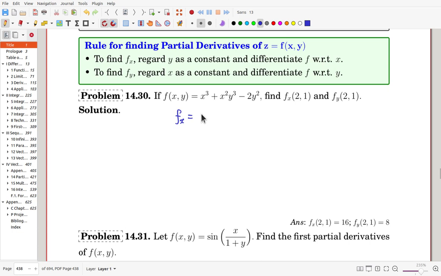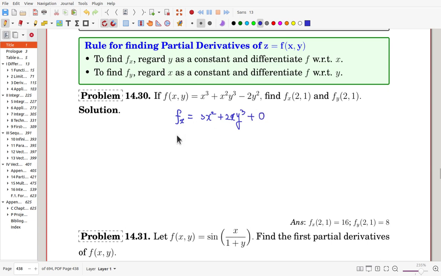So for that one, we have 3x. For this one, y is constant, so we only differentiate with respect to x. So that is now 2x, and y cubed is constant. And this one is constant, so it will be 0.